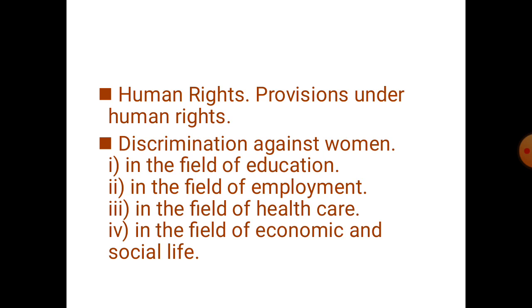Then the government has made many awareness programs for women about healthcare, and has provided smokeless chullas to rural women. A smokeless chulla is a cooking stove which is smokeless and energy efficient. Next is providing emergency first aid treatment, then providing security of employment during pregnancy or illness due to pregnancy.